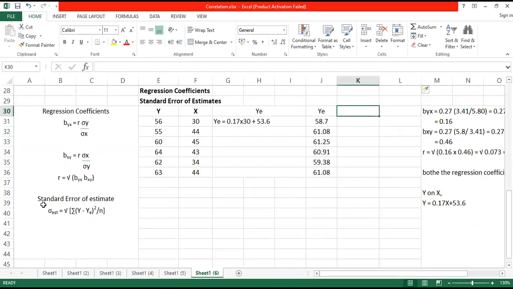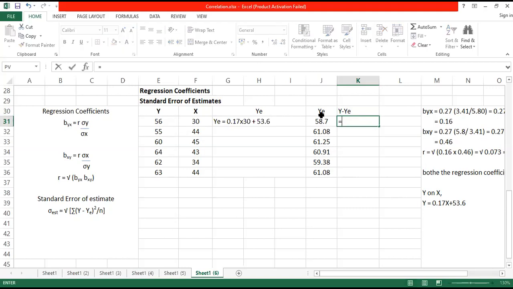Now see, we need to get the standard error of estimate, right? Now this y is our actual value and this is our estimated value. So we are calculating y minus ye, right? That means what is the difference between what we actually have and what we should have had, correct?